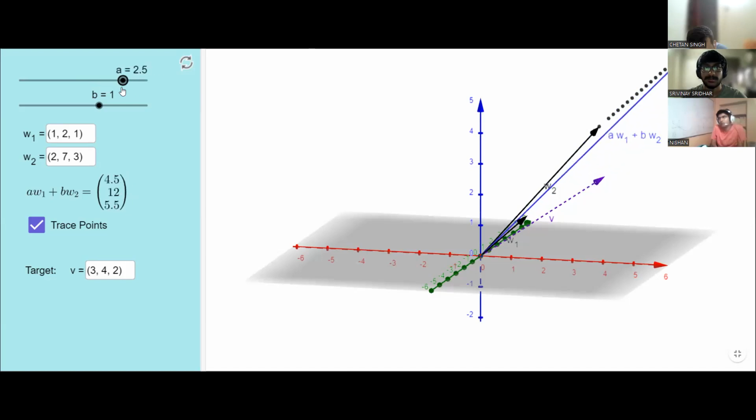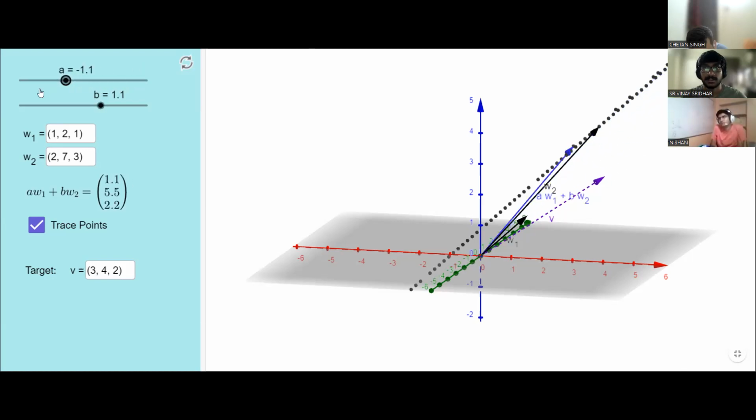Do we get a fixed pattern out of it? I fix B equal to 1 and I am changing A, right? You can see that I'm able to span that entire line of points. And what if I do that for every value of B?